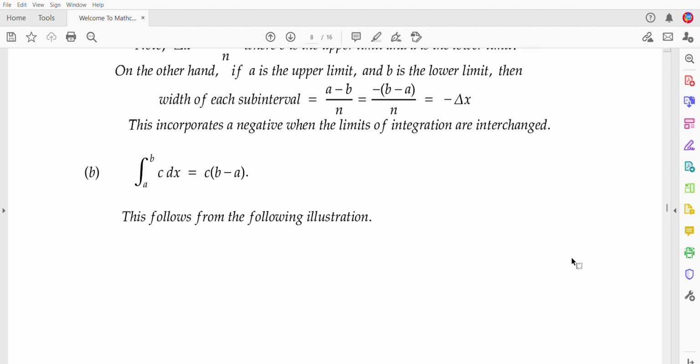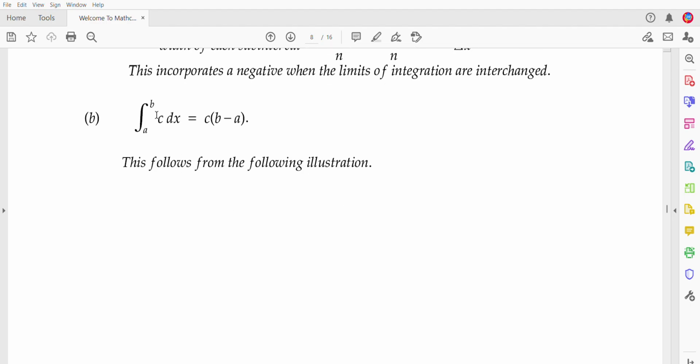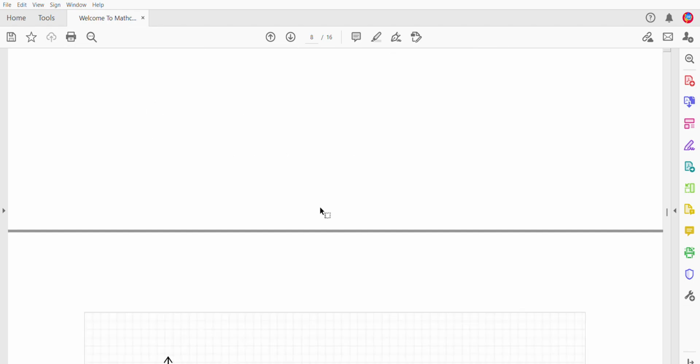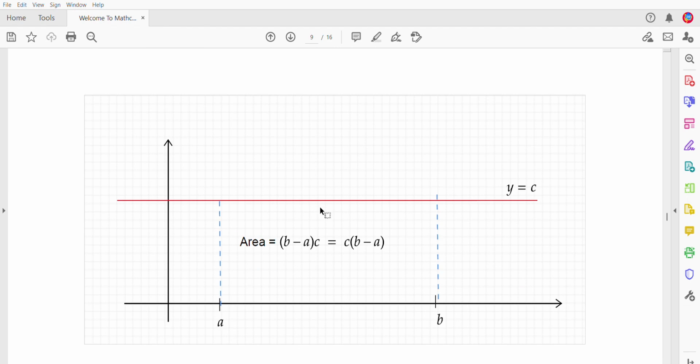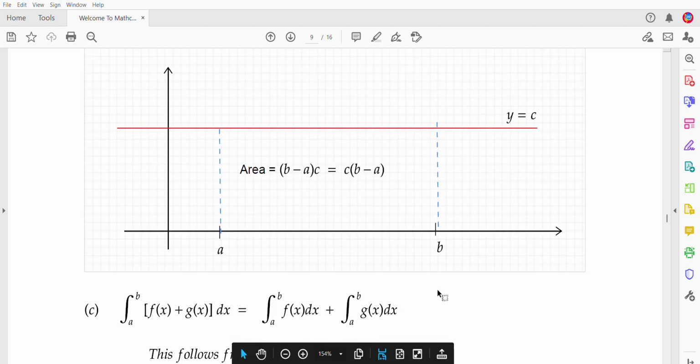On the other hand, here is the second property. Integral a to b of constant dx is constant times (b minus a). This follows from the following construction. What does the constant function look like? Constant function y equals c looks like this. Definite integral from a to b basically is the area between the curve and the x-axis over this interval.